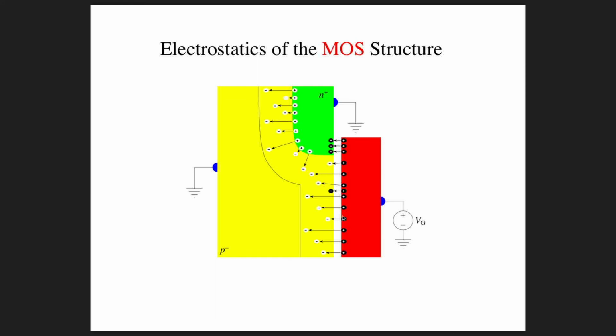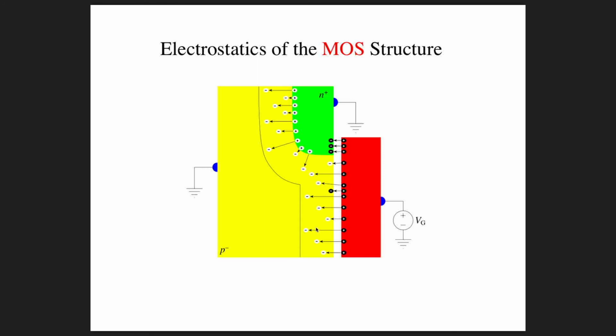There will be a few mobile electrons in the channel, but they're very, very small in number compared to the number of bulk charges here, the number of space charges in the depletion region. They're very, very small in number compared to these.